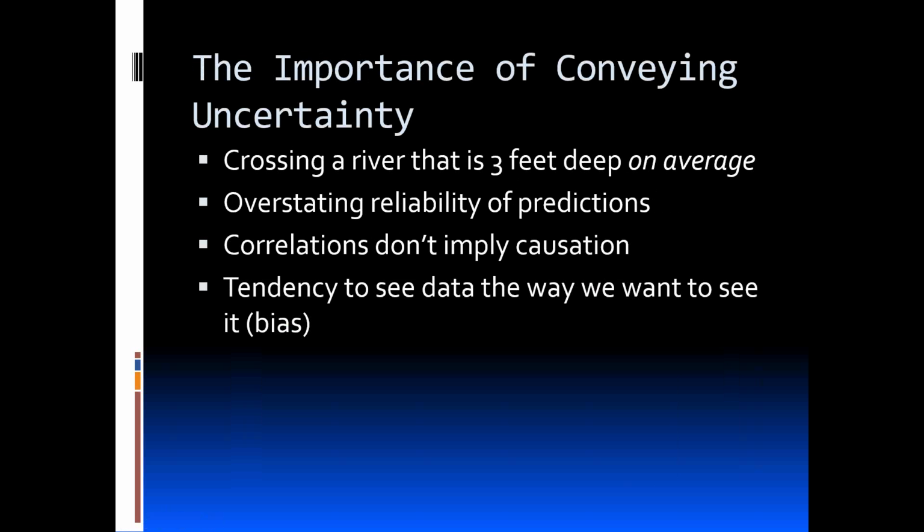And he doesn't tell the individual that it's 3 feet deep on average, which means that there's a probability or an uncertainty that it may be deeper than that or more shallow than that. If you don't convey that it's 3 feet only on average, that person could drown crossing that river. What that is concerning is somebody overstating the reliability of their predictions.